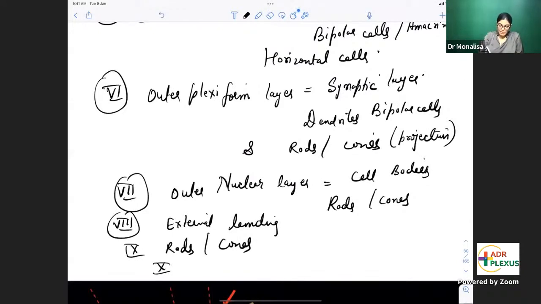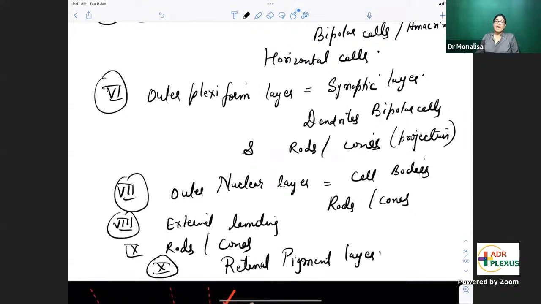And the tenth layer will be the retinal pigment layer. The retinal pigment layer is separating the retina from the choroid layer, that is the middle vascular coat. The epithelium of the retinal pigment layer is cuboidal epithelium.